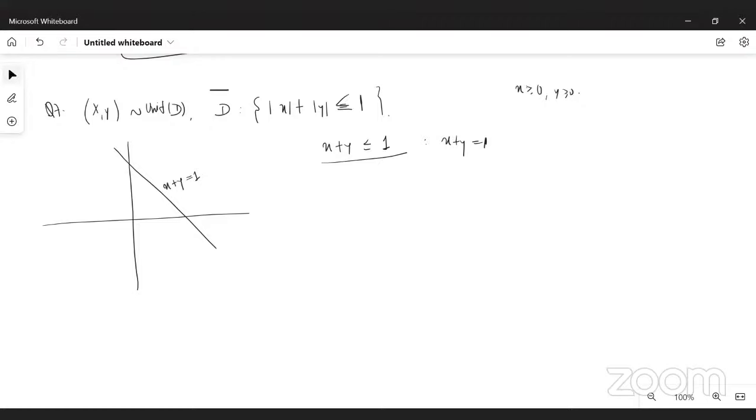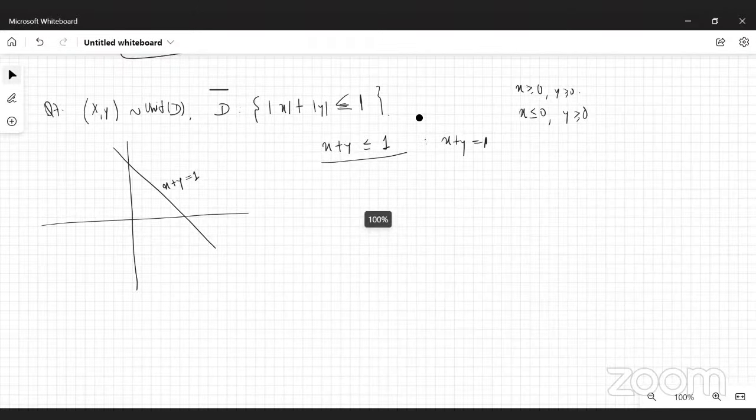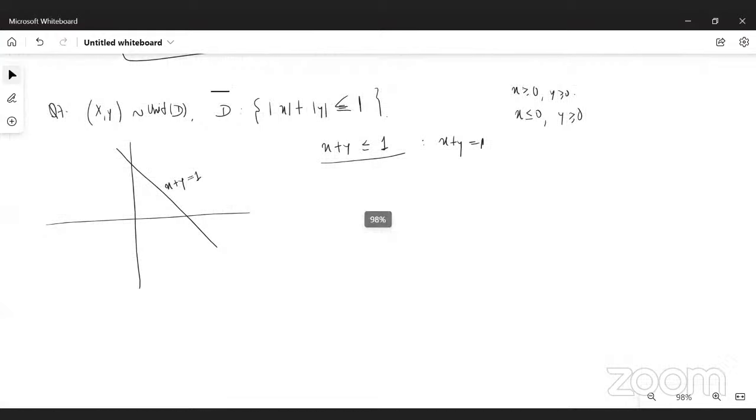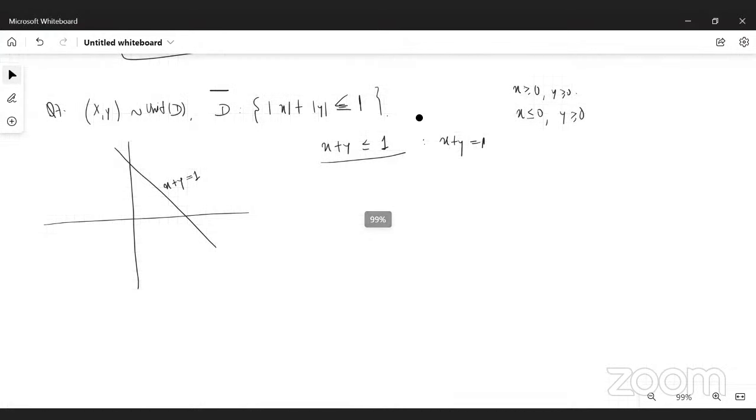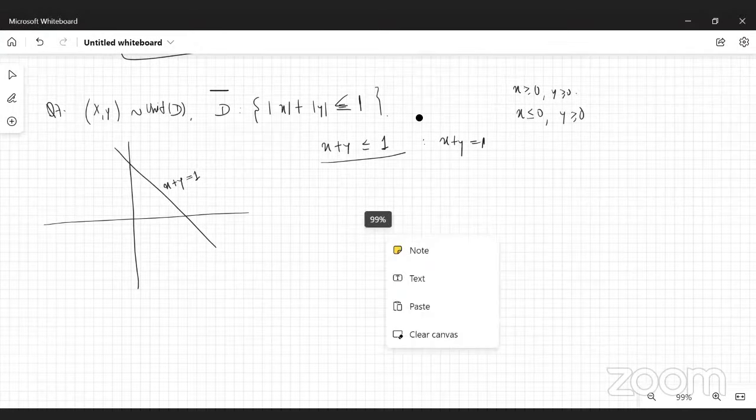Now, if x is less than 0 and y is greater than 0, basically you're looking at the second quadrant. Correct? Yes, ma'am. So if it is in the second quadrant, mod of x will open with minus x, right?